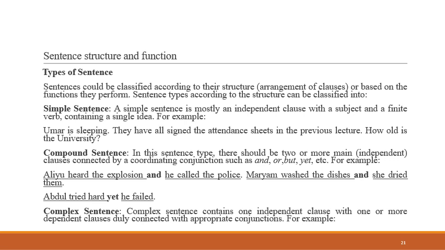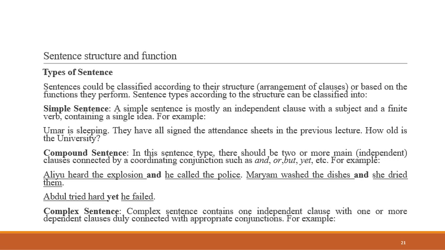Sentence types according to structure include the simple sentence, a situation whereby a sentence is made up of only one independent clause with a subject and a finite verb containing a single idea. It doesn't matter about the number of words in a particular sentence.